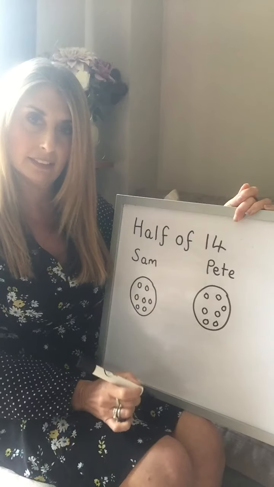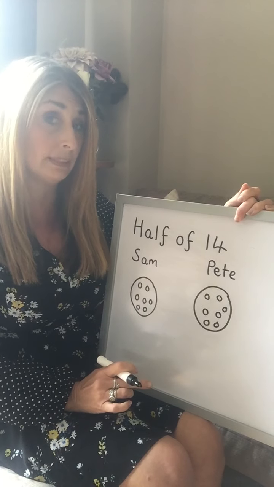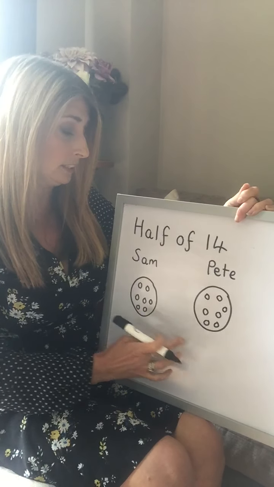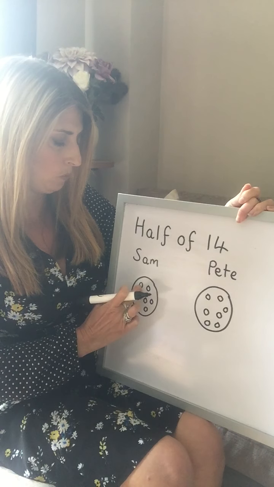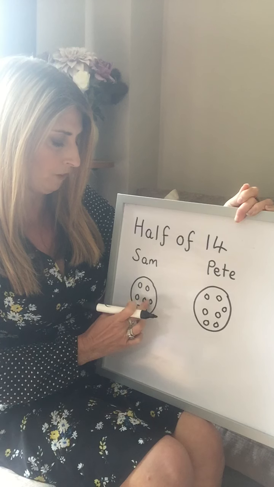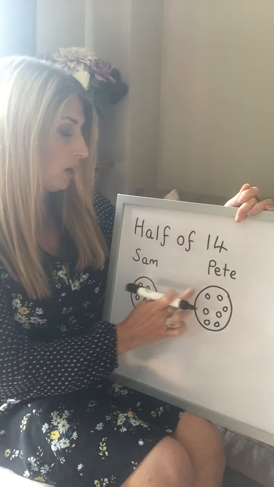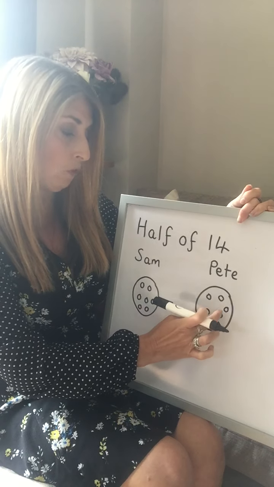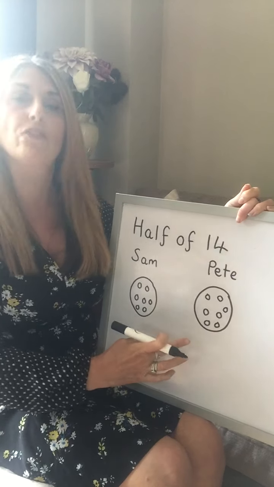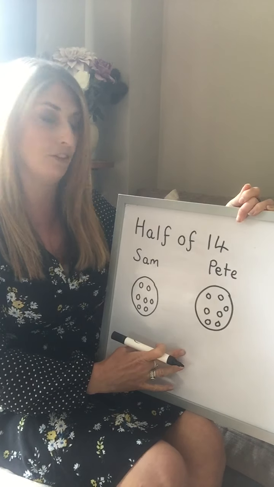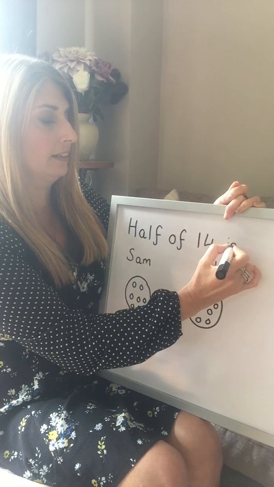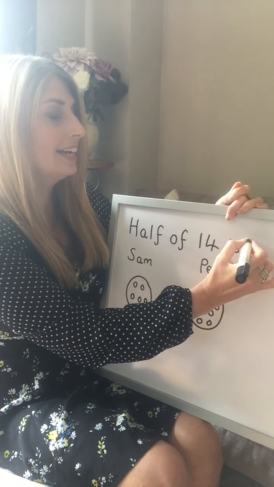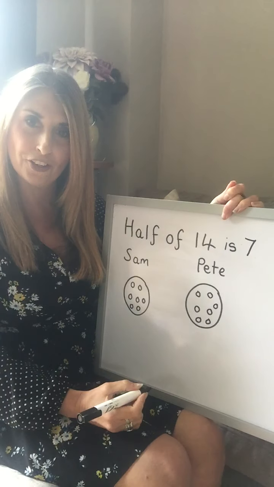Let's just make sure that Mrs Ravilious has made sure that they have got equal amounts. 1, 2, 3, 4, 5, 6, 7. 1, 2, 3, 4, 5, 6, 7. They both have 7. So half of 14 is 7.